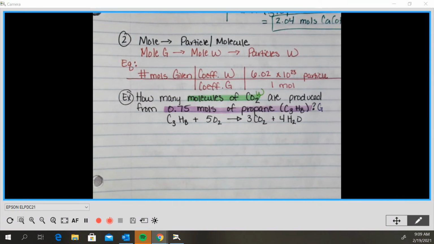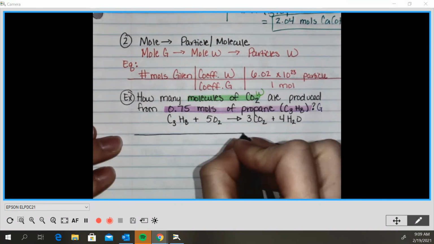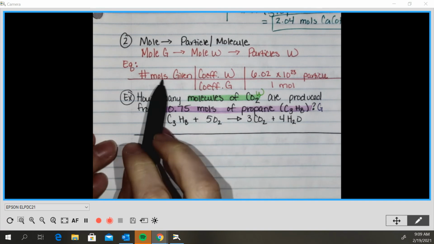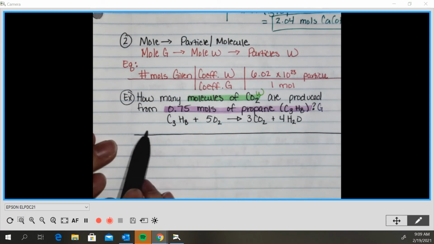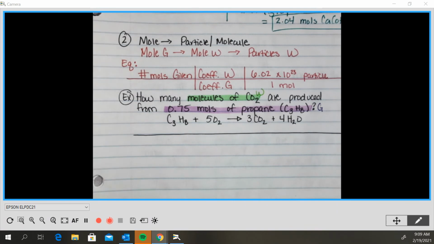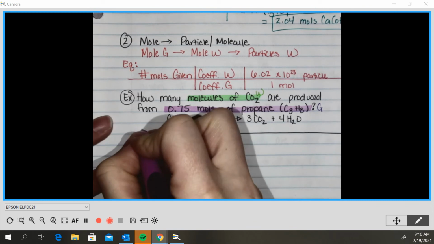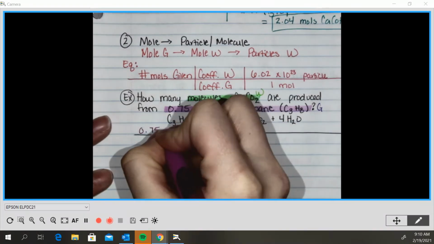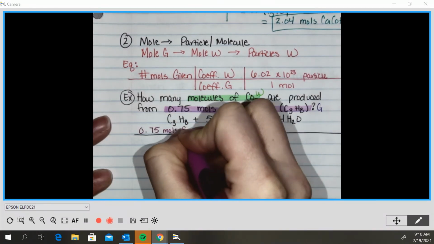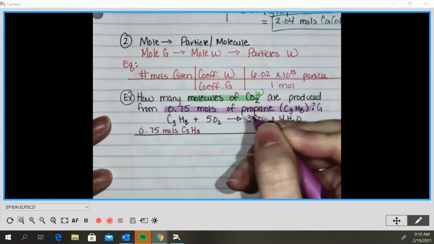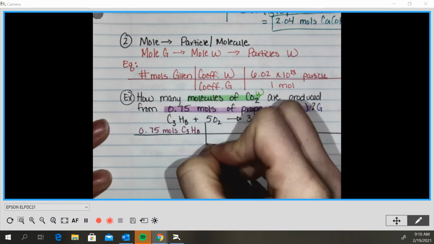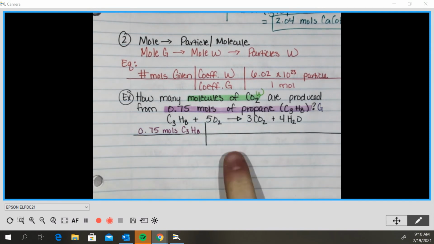So we're going to set up our train tracks. Our given, our moles, is going to go in our upper left-hand corner. So we have 0.75 moles of C3H8. Next, we're looking at our mole ratio.